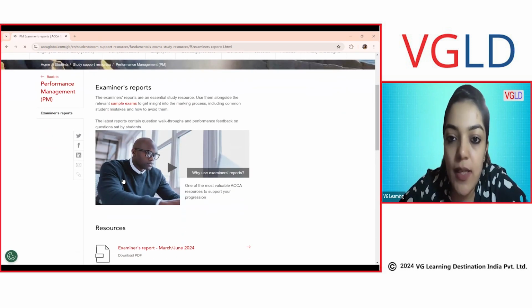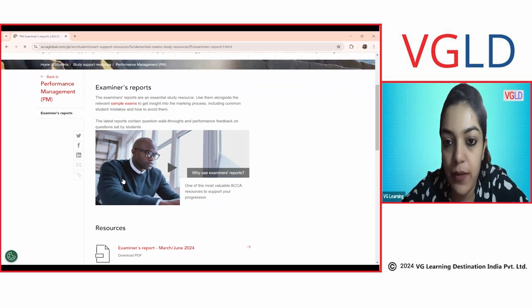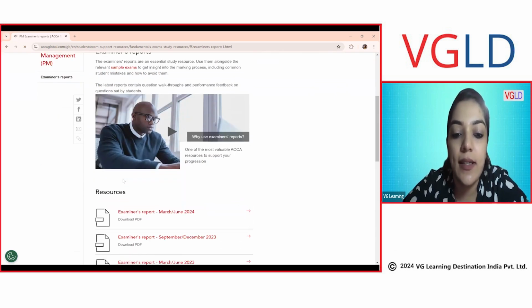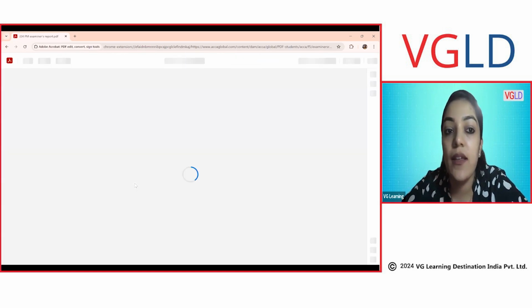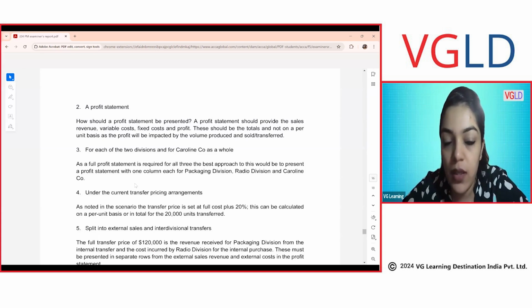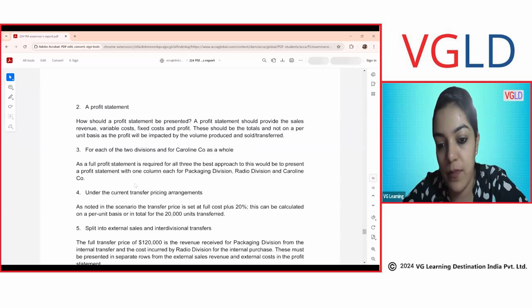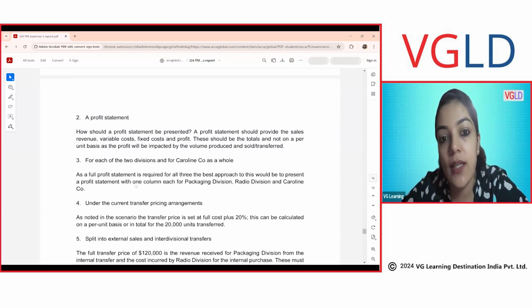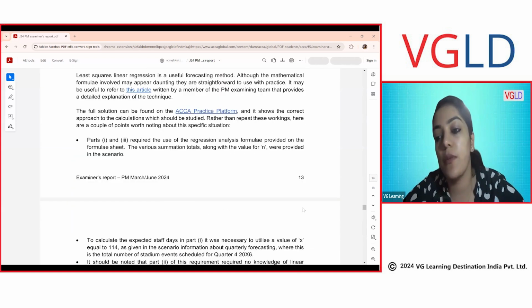In the previous class, I showed you how you can see past papers on the ACCA practice platform, right? So what ACCA does is it also releases an examiner's report. And what is an examiner's report? It is the examiner's point of view on the student's performance in the exam.